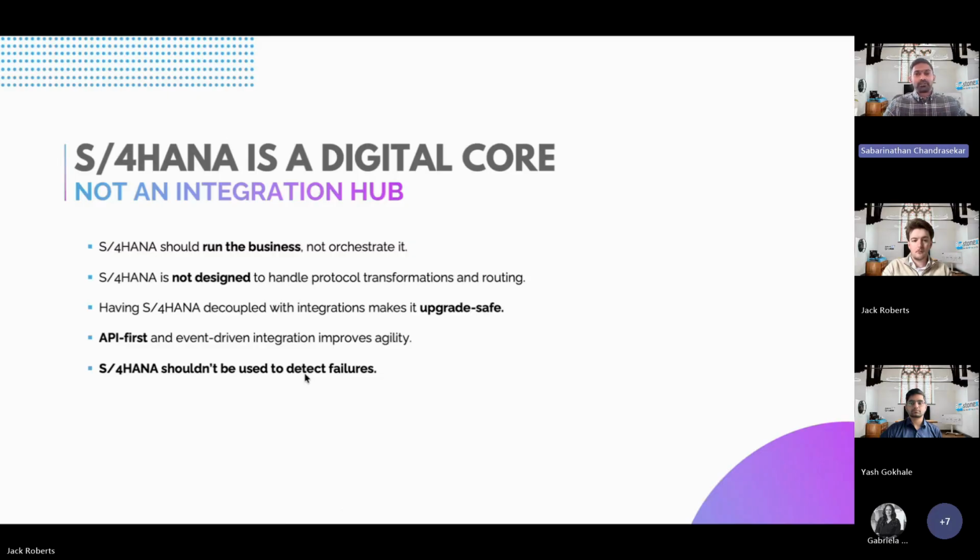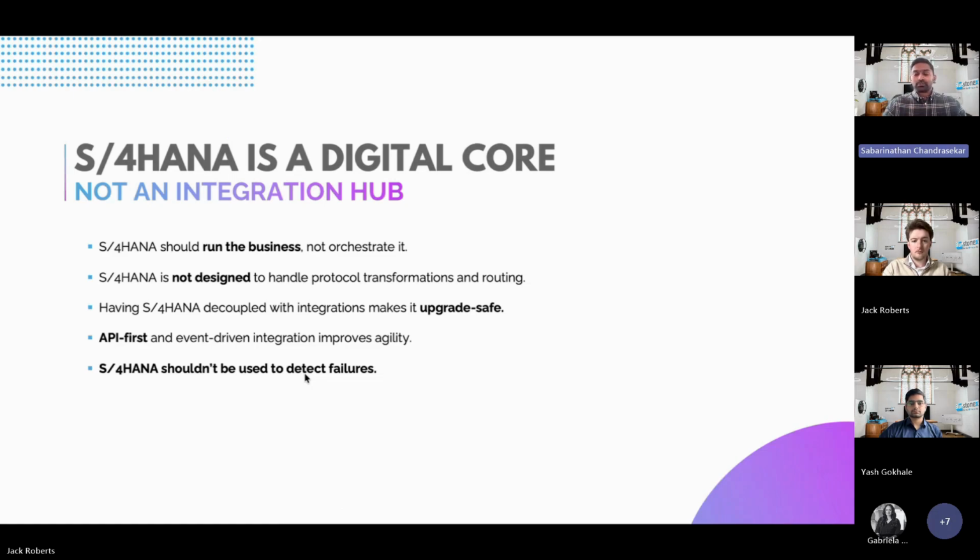Let's say you have custom code within your S/4HANA system today that connects to a third-party logistics system, for example. You would, of course, have a hard-coded endpoint and credentials maintained on S4. So even onboarding a new customer or a new partner would be the biggest problem for the IT team. And of course, S4 comes with a lot of standard APIs and events.